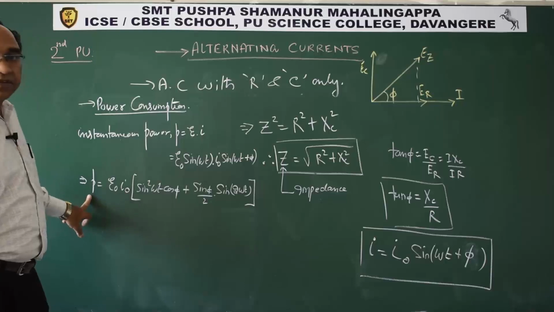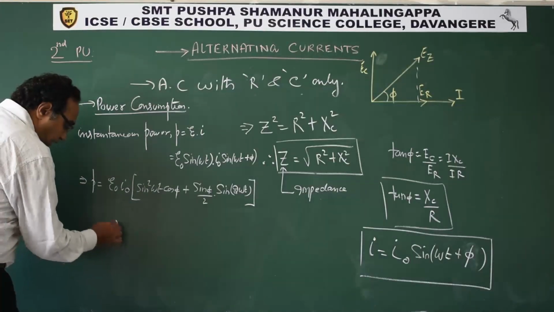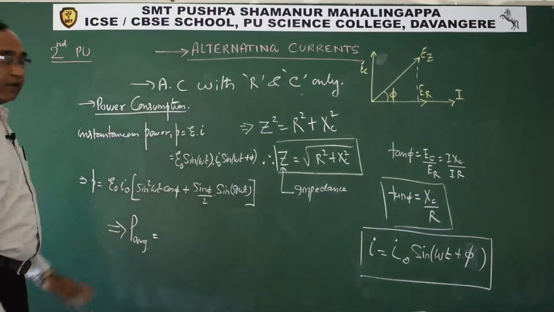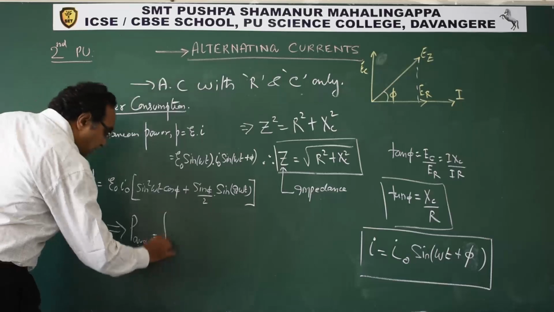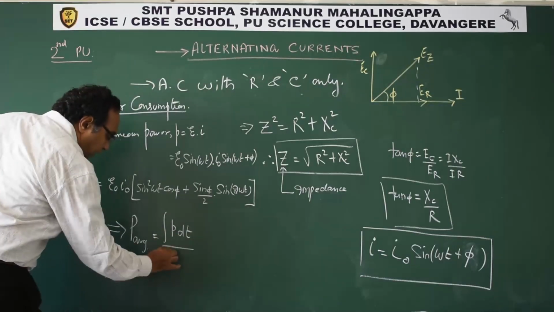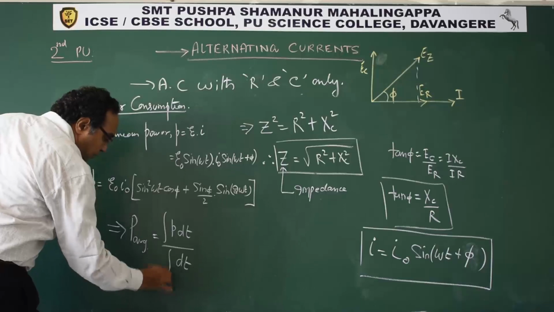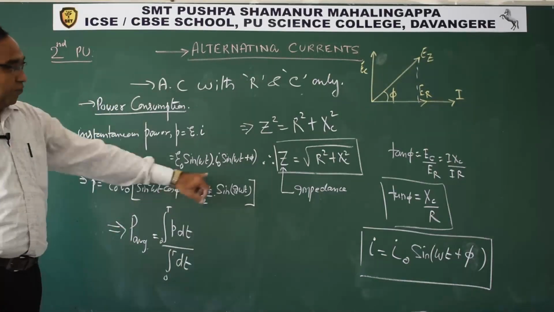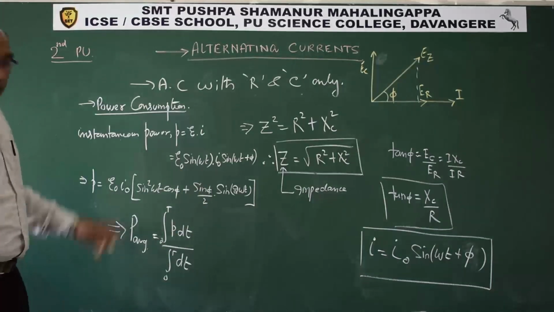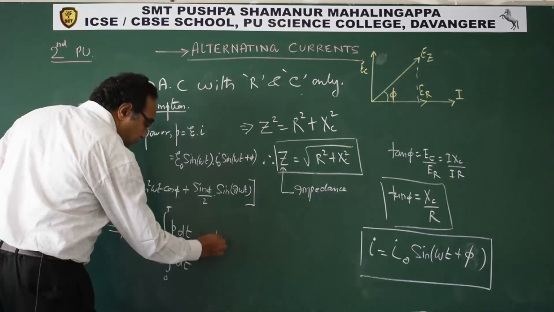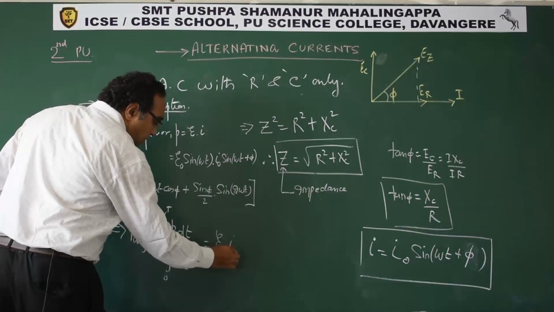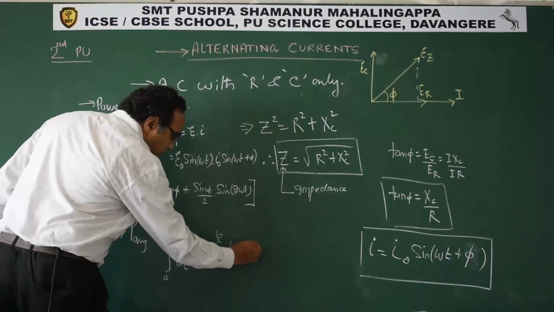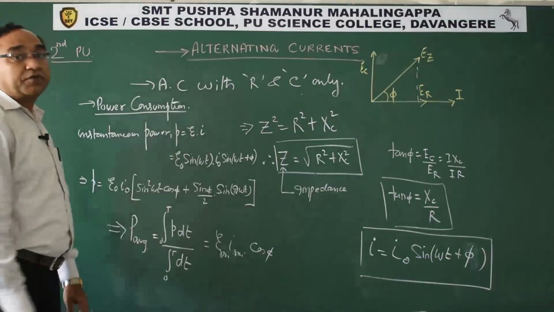So instantaneous power is the same. For average power, I will leave it as an exercise for you to do the integration of p dt by dt from 0 to t. Please follow the integration that we have done in the previous derivation. You will get E naught I naught by 2, or ERMS IRMS cos phi. The same expression you will get.